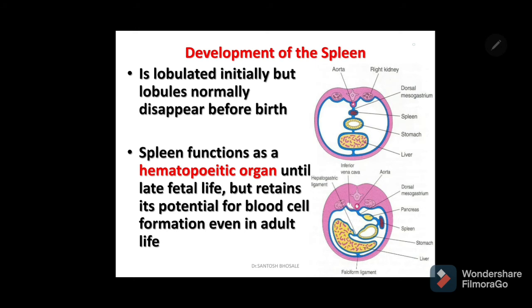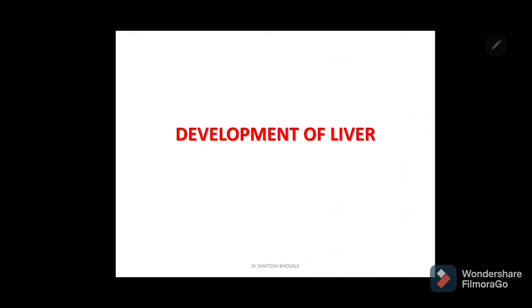It is lobulated, and the lobulation or notches in the upper part of the spleen that you see signify the fusion of the mesenchymal masses during development. The splenic notch usually seen in the upper border indicates the development of the spleen by the fusion of mesenchymal masses, and it acts as a hematopoietic organ.